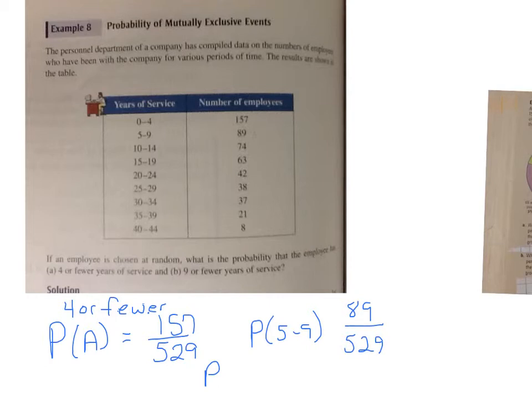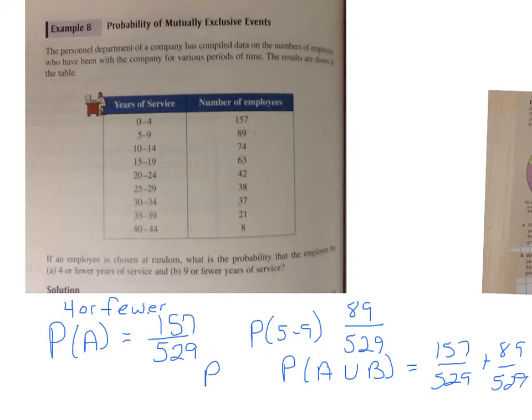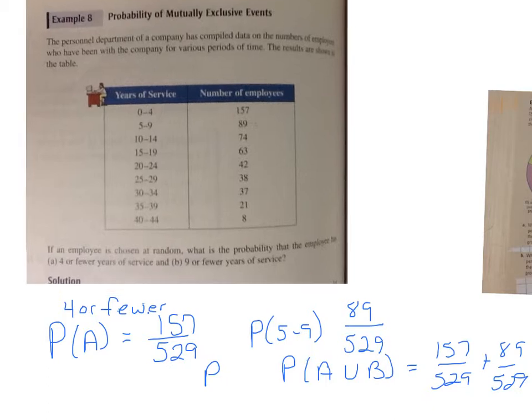So if we want to find the union of those two, the probability that they have 9 or fewer, I'll just use A and B. That's going to be 157 over 529 plus 89 over 529, which is 246 out of 529.